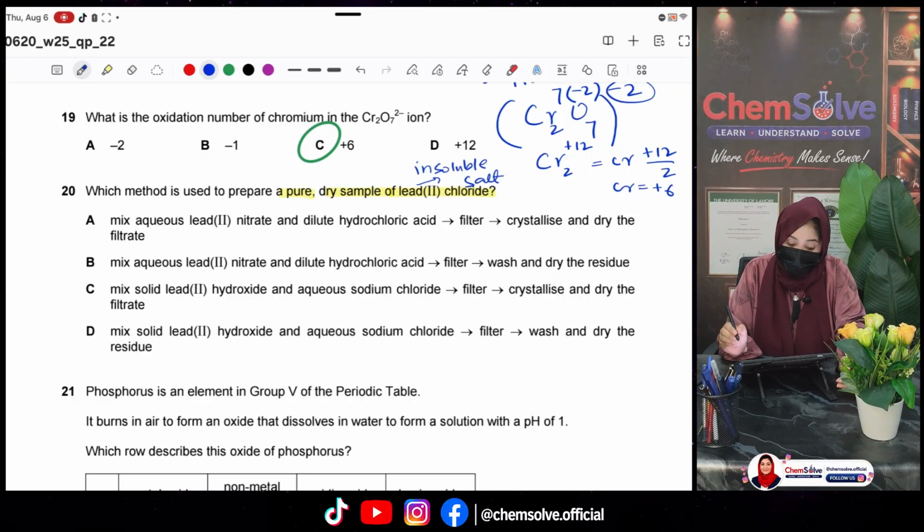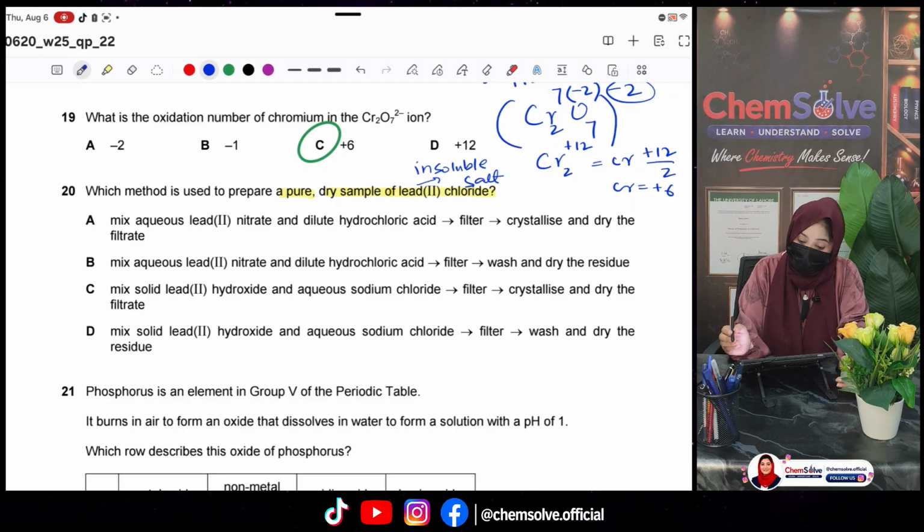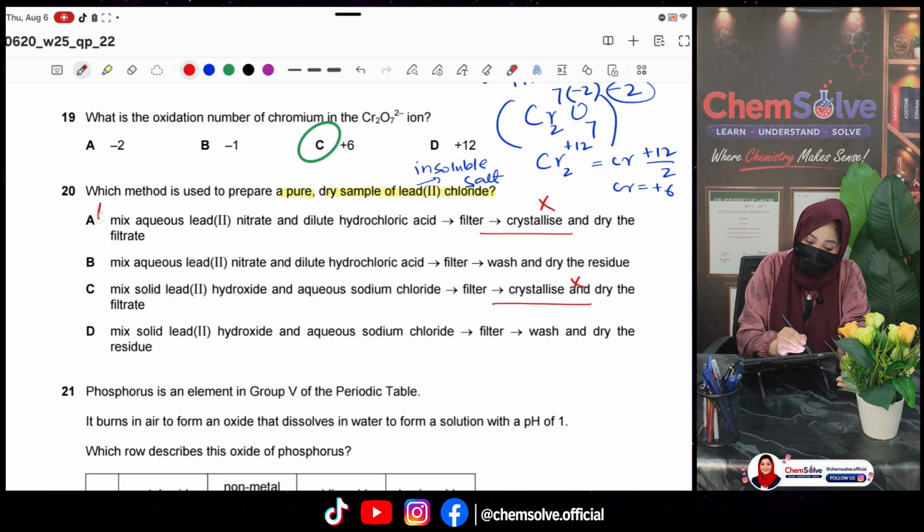So we have to carefully choose the options that are involved in the formation of an insoluble salt. We will not choose any option which says crystallize, because crystallization is only for soluble salts.